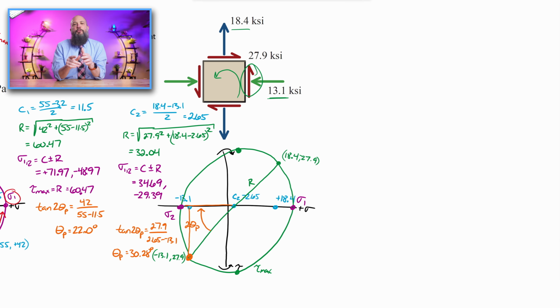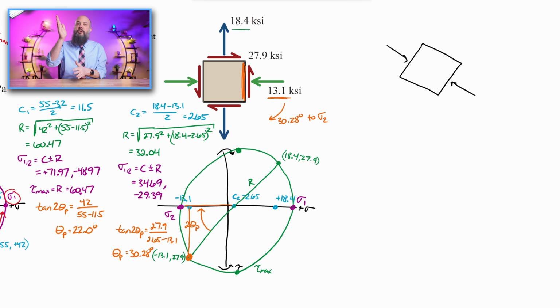Now, if I take this point that is at the bottom left of Mohr Circle, I'm going to need to rotate it clockwise to get to principal stress 2. So I'm taking my 13.1 that's in compression, rotating that surface downwards in the clockwise direction, and after I've rotated it, that's going to be the negative 29 KSI principal stress.